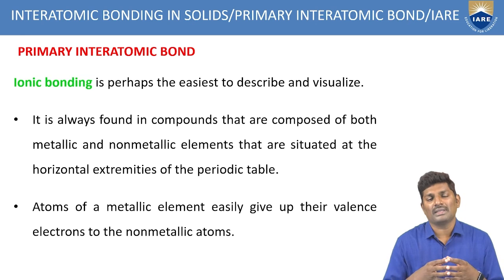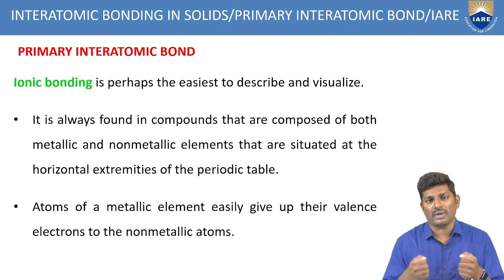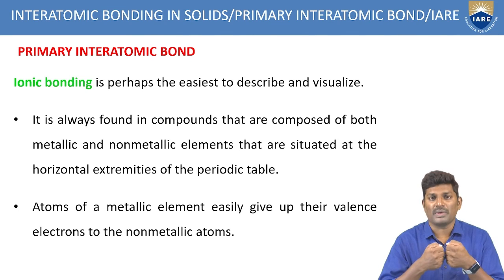Because of this attractive force, the bond between the two atoms is very strong. You can even see visually the interaction between the positive and negative, both coming to each other and giving a good bond.